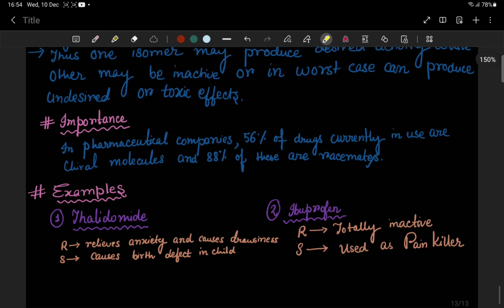Finally, we will end this topic with two examples, thalidomide that I have already discussed, and ibuprofen. Thalidomide R relieves anxiety and gives you drowsiness, but the S form causes birth defects in the child. And ibuprofen R is totally inactive, while S is used as a painkiller.